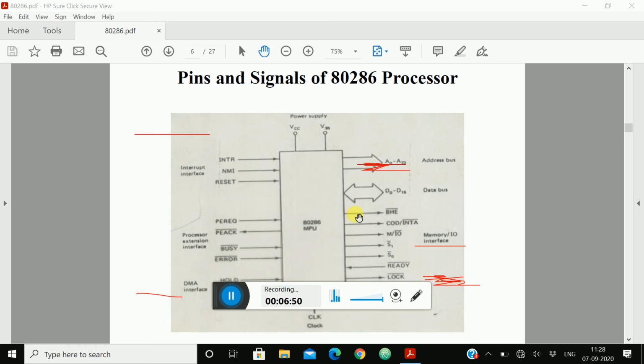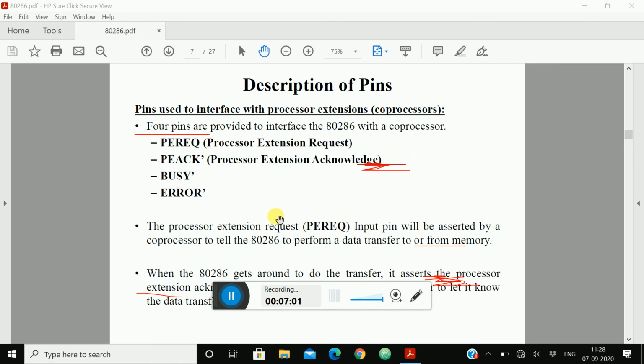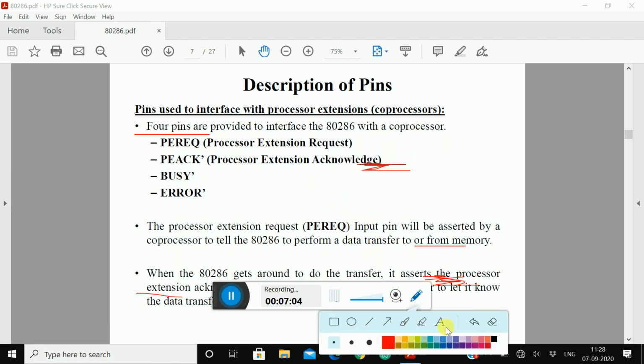All the pins we have read about in 8086. We'll be discussing only the processor extension interface.